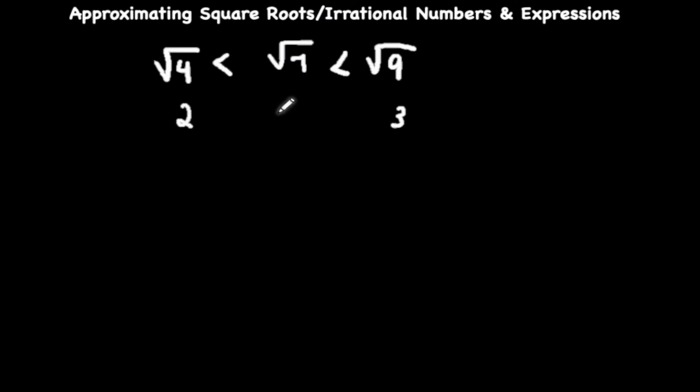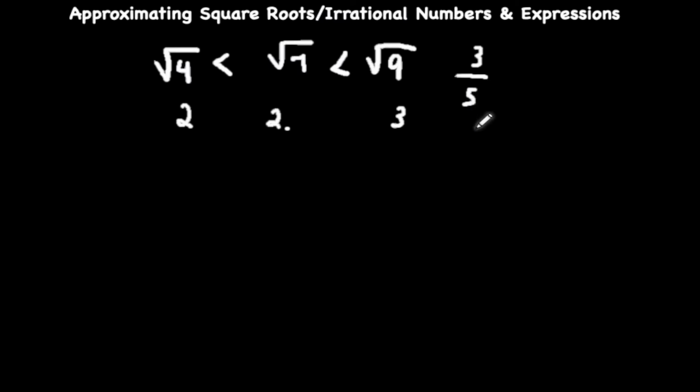So then how do we determine what that decimal answer will be? What we're going to do is calculate how many units away the square root of 4 is from the square root of 7, which is 3 units away. Divide that by how many units away the square root of 4 is from the square root of 9, which is 5 units away.